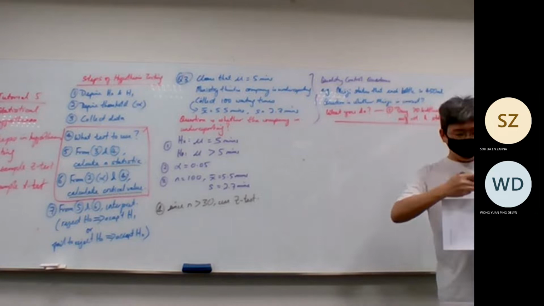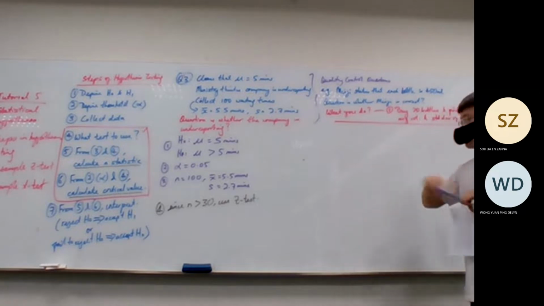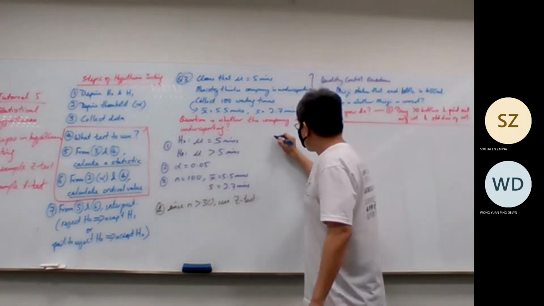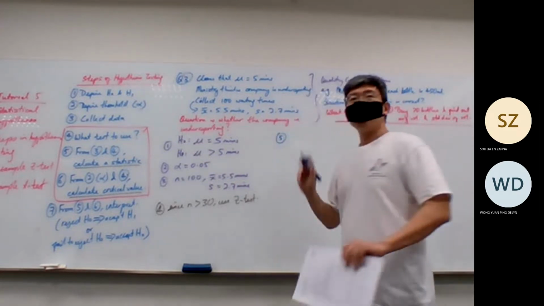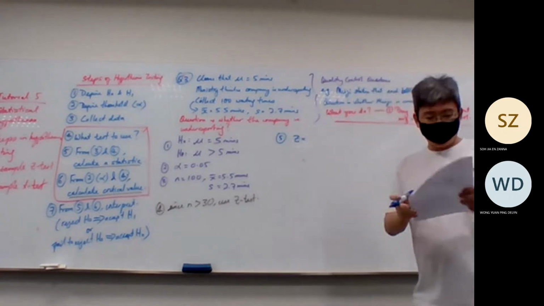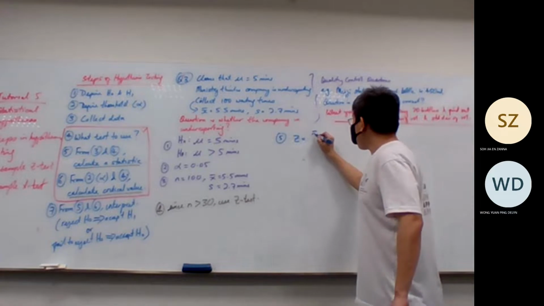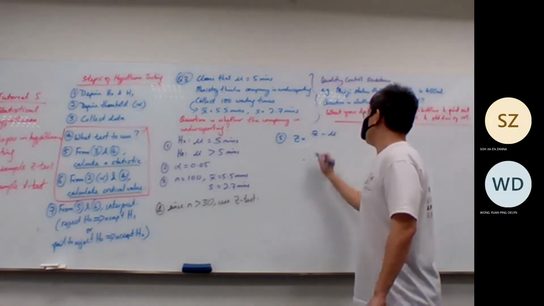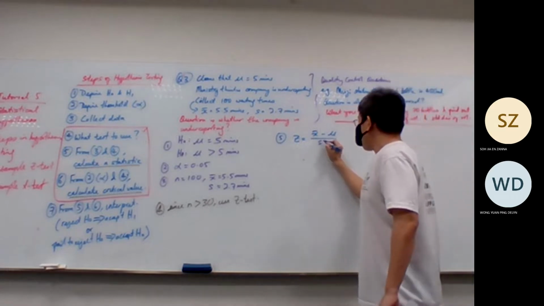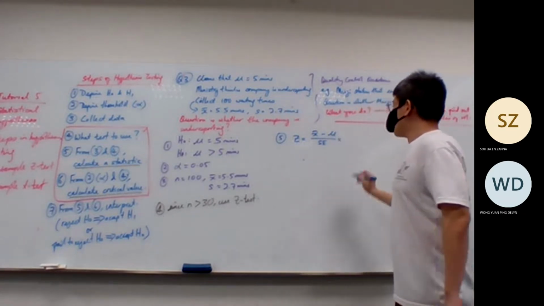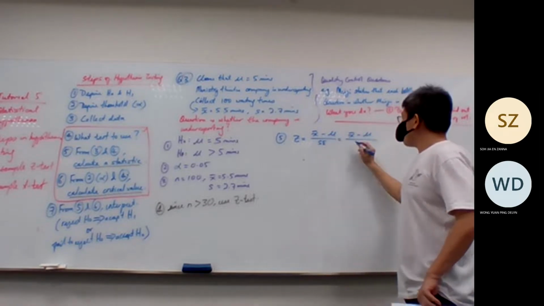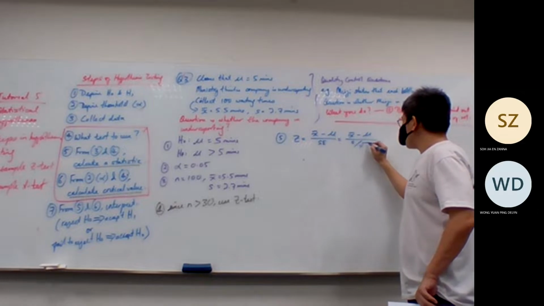From there, we start to calculate. How do we calculate the statistic? Step 5. The statistic for the Z test is a Z score. The Z score is the average minus the mean, divided by your standard error. Standard error is your standard deviation divided by the square root of n.